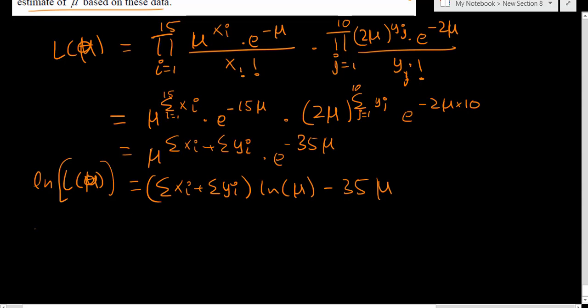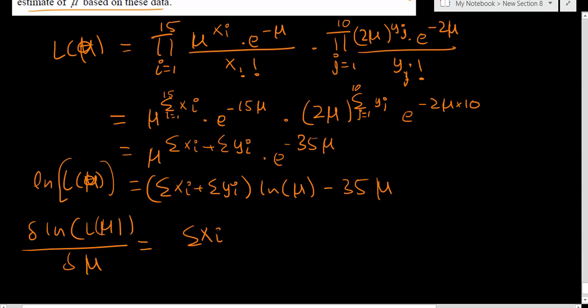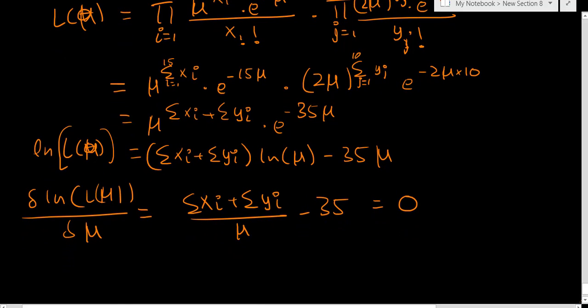Okay, so differentiating this with respect to mu, the derivative of log of L of mu with respect to mu would be equal to sigma xi plus sigma yj divided by mu, minus 35, and this would be equal to 0, and I would get mu equal to sigma xi plus sigma yj divided by 35.